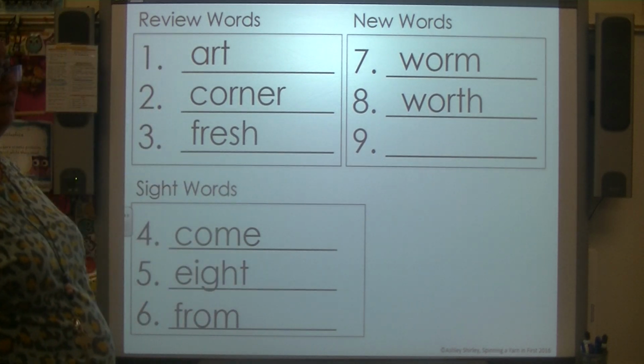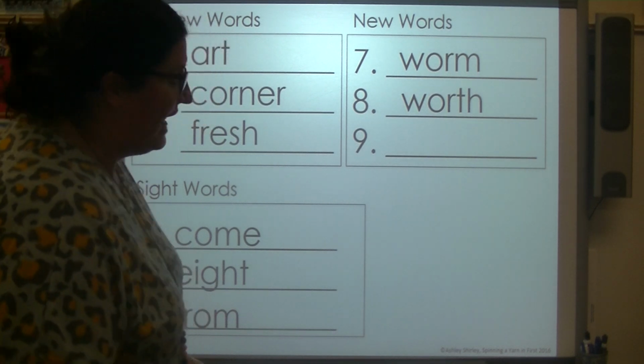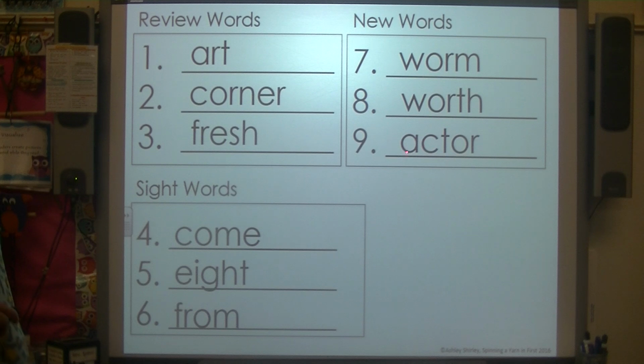Spell it on number 9. Let's spell actor. A-C-T-O-R. Actor.